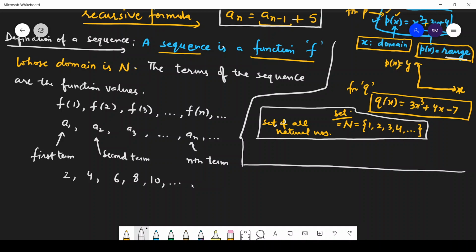So you can see that we can write a sequence in this way when it is clear what the subsequent terms of the sequence are.